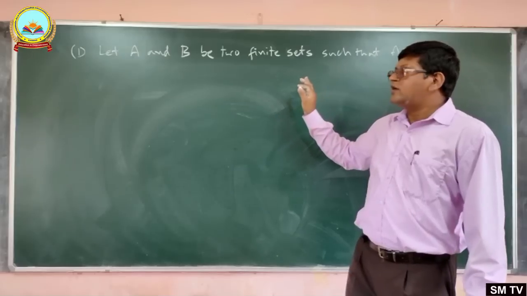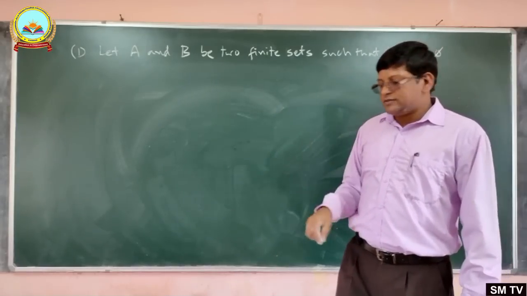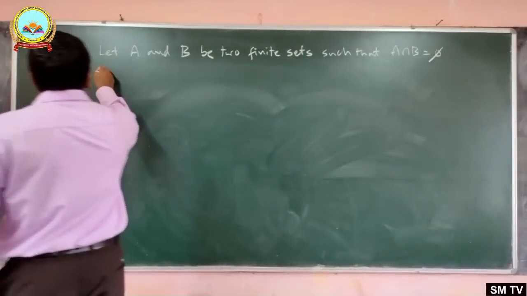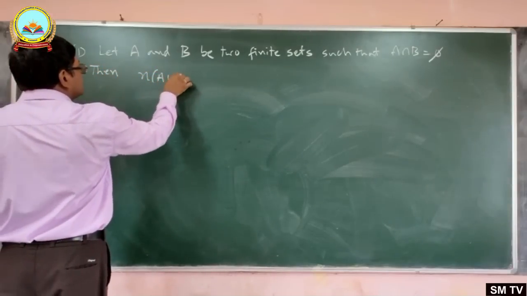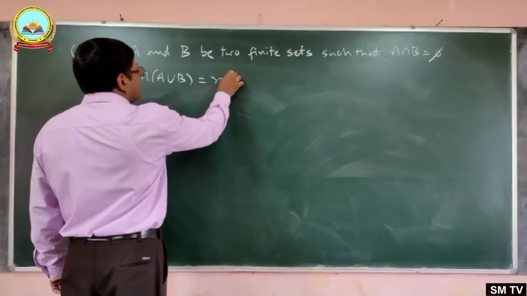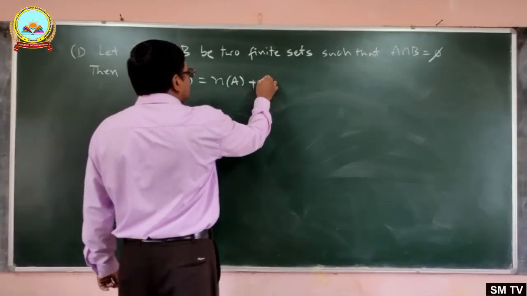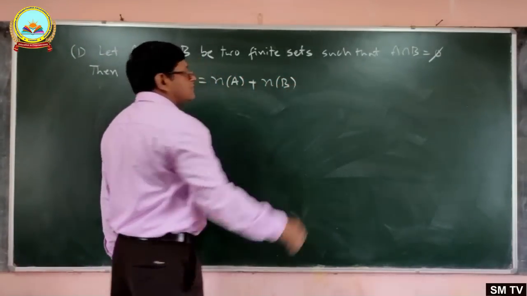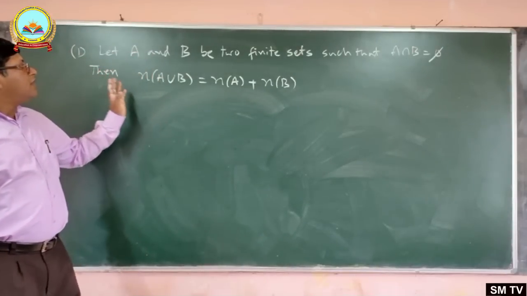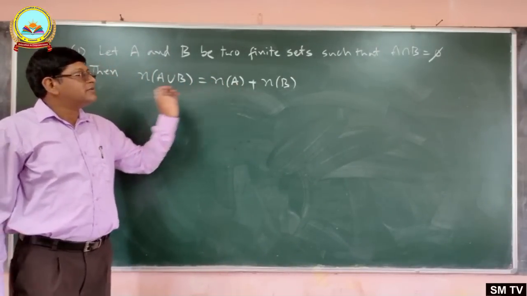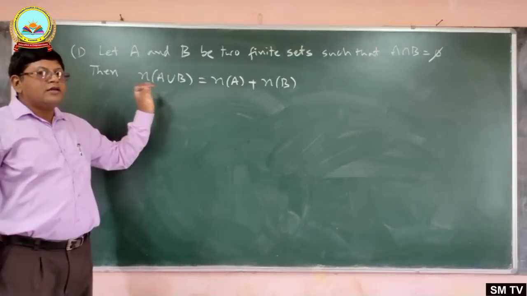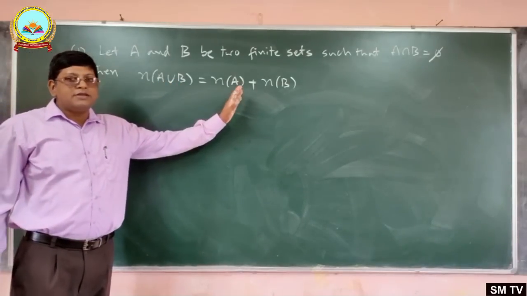That means A and B are two disjoint sets. Then n of A union B is equal to n of A plus n of B. Result number one, let A and B be two finite sets such that A intersection B is null set. Then n of A union B is equal to n of A plus n of B.